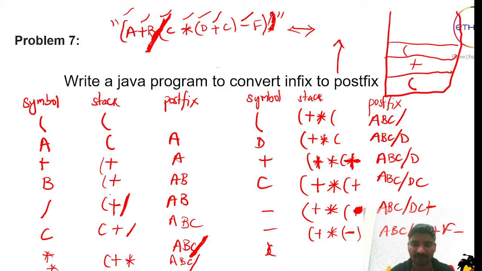We have avoided only one case. What if this is equal to this? Whatever you are popping needs to be completely popped. So why is it showing an error over here? Double quotes.